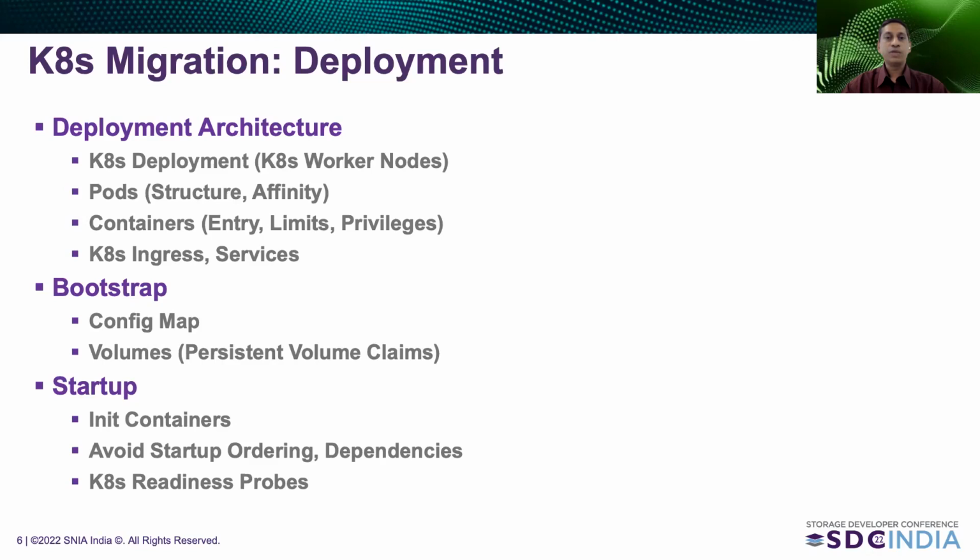For bootstrapping your deployment, you need to define a set of configuration entries so that Kubernetes can pass those as a config map to your application. Then you need to abstract physical storage and network infrastructure. In Kubernetes, you can abstract storage by using persistent volume claims, also termed as PVC, and network by using Kubernetes CNI plugins.